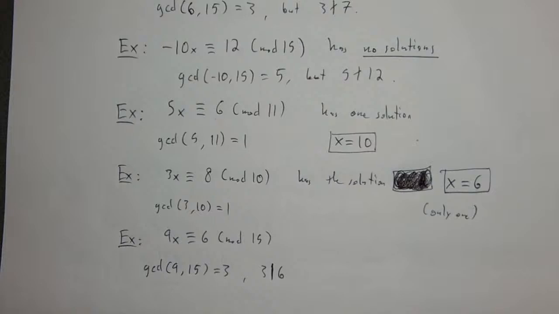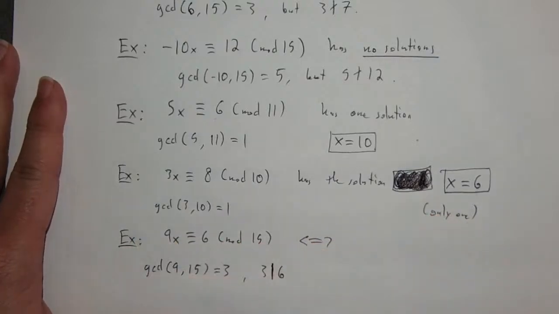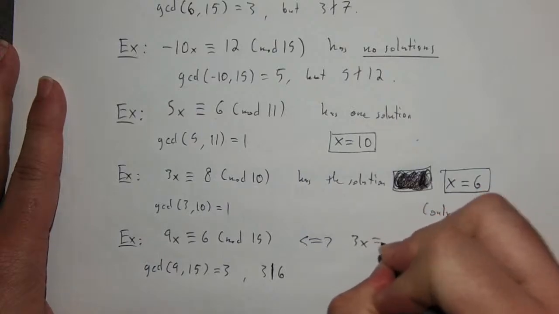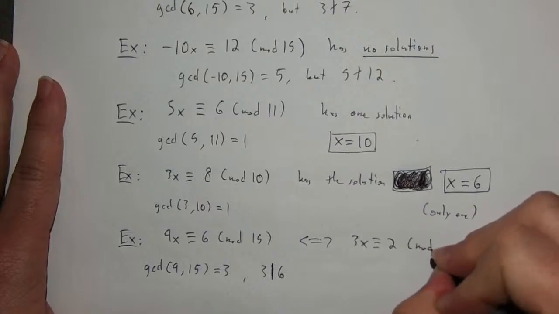So this thing is going to have solutions. It should have 3 that are distinct mod 15. The fact that the GCD is 3 and divides 6 means that I can form a new congruence, dividing by 3. I get the congruence 3x is congruent to 2 mod 5.